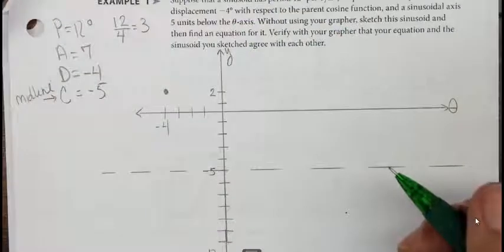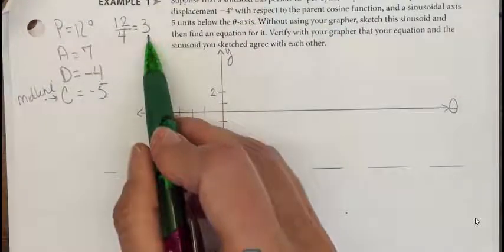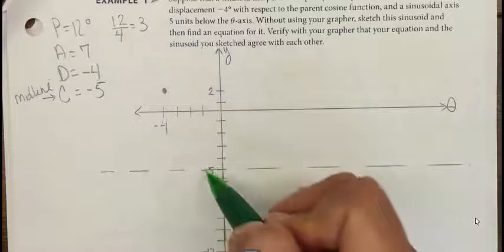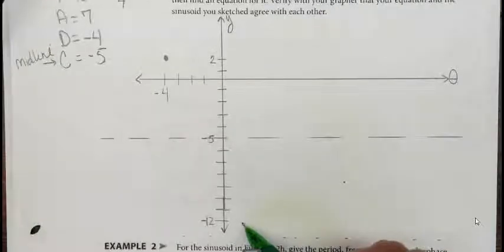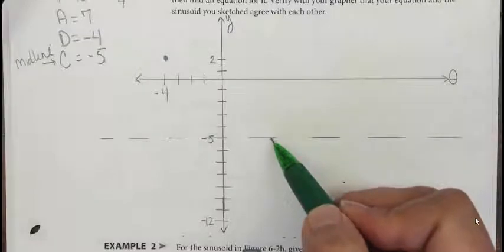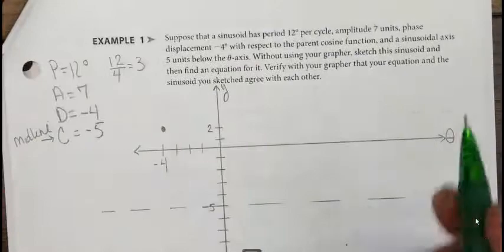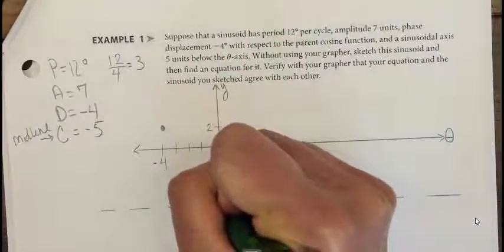Then every 3 units, because I took my period of 12 and divided it up into quarters, which gave me 3. Every 3 units, this is my highest point. In 3 more units, I'll be down on my midline. 3 more units from there, I'll be down to my lowest point. 3 more units from there, I'm going to be back up to my midline. 3 more units from there, I'm going to be back up to my highest point. All right, so go 1, 2, 3. I should be on my midline.